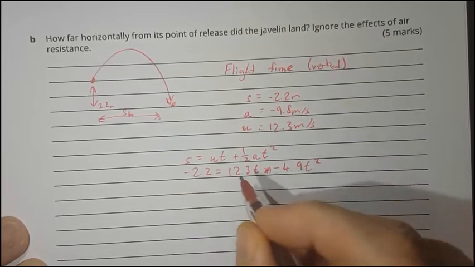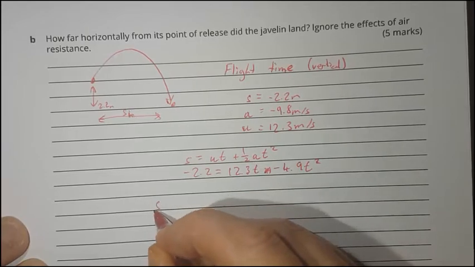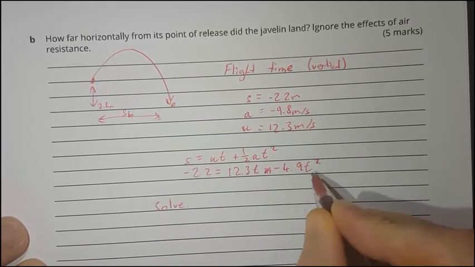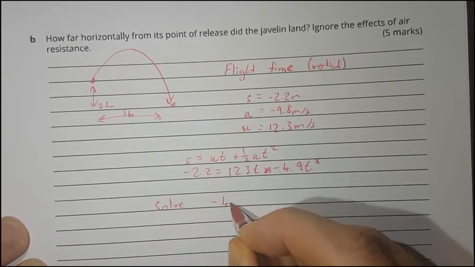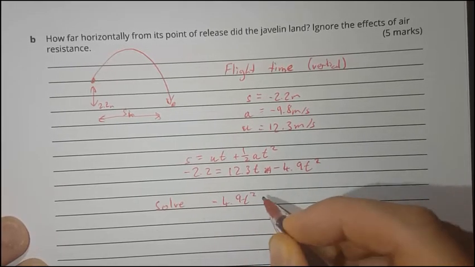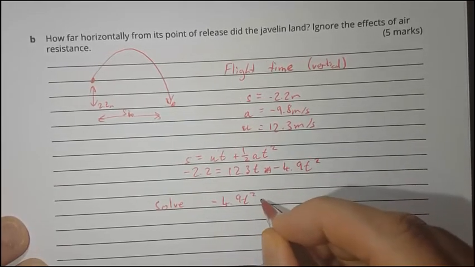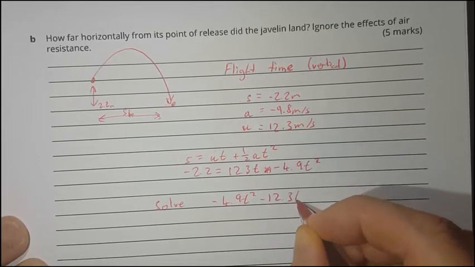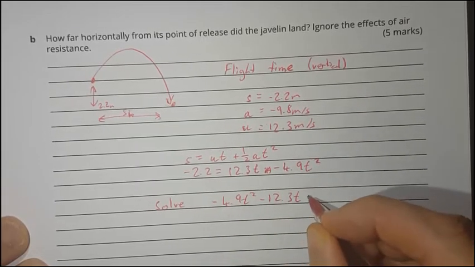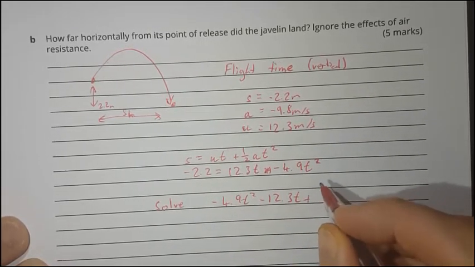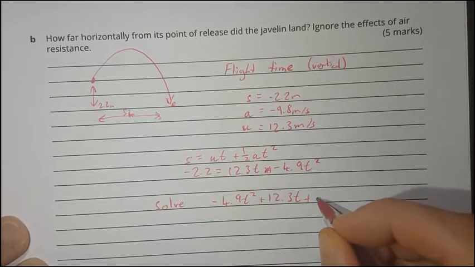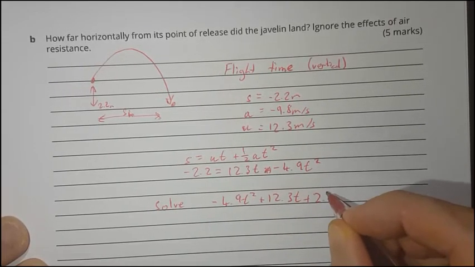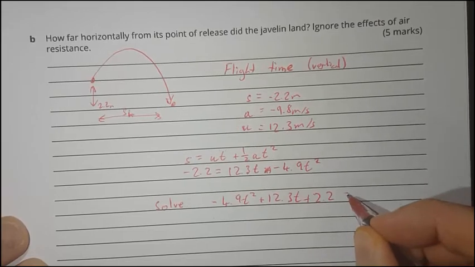I'm going to put it in the form of a quadratic so I can solve: negative 4.9t squared plus 12.3t plus 2.2 equals 0.